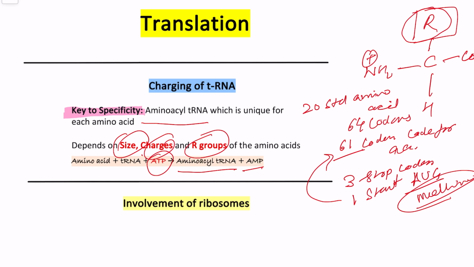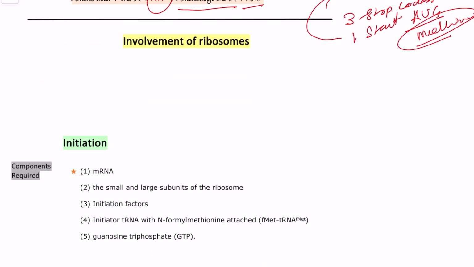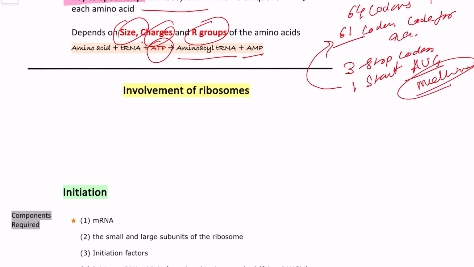Now coming to the involvement of ribosomes. Ribosomes are the important part which are involved in the process of translation. First of all, you must have seen the structure of ribosome, right? It has a smaller subunit and a larger subunit, in prokaryotes as well as in eukaryotes.